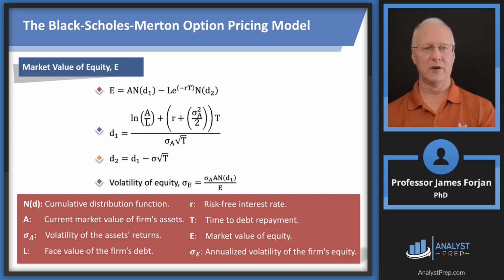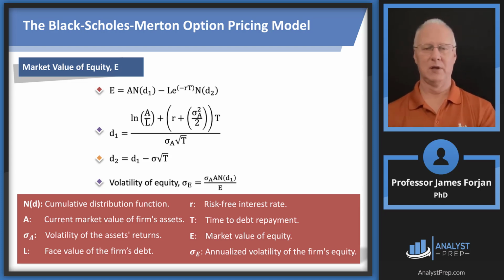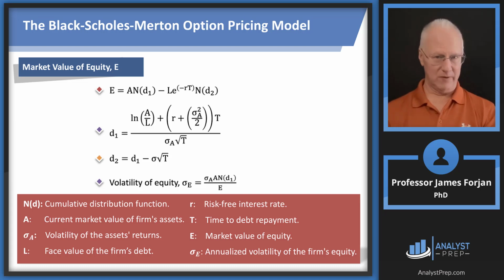Now here's the Black-Scholes-Merton option pricing model. This is the Merton model as it relates to the market value of equity. So there we have in that top diamond point E, the market value of the equity. Now this is a call option. It is equal to, now remember, there's an A right there, just like we had back here.